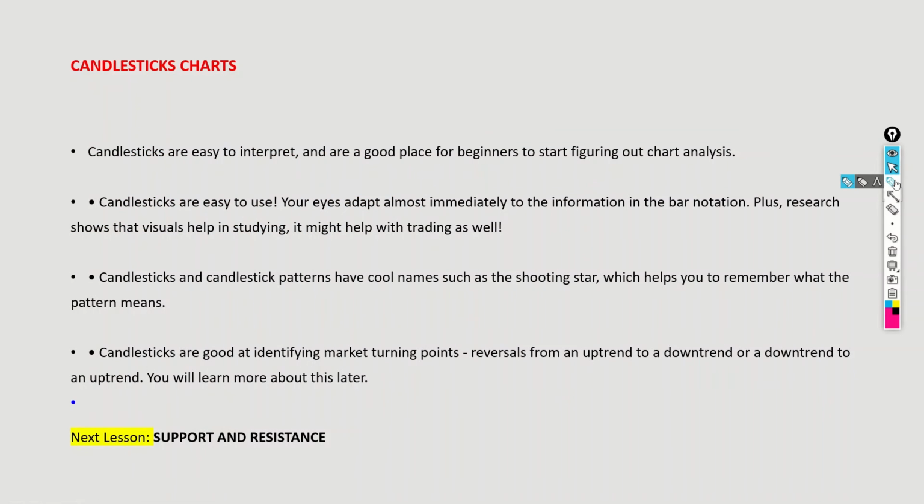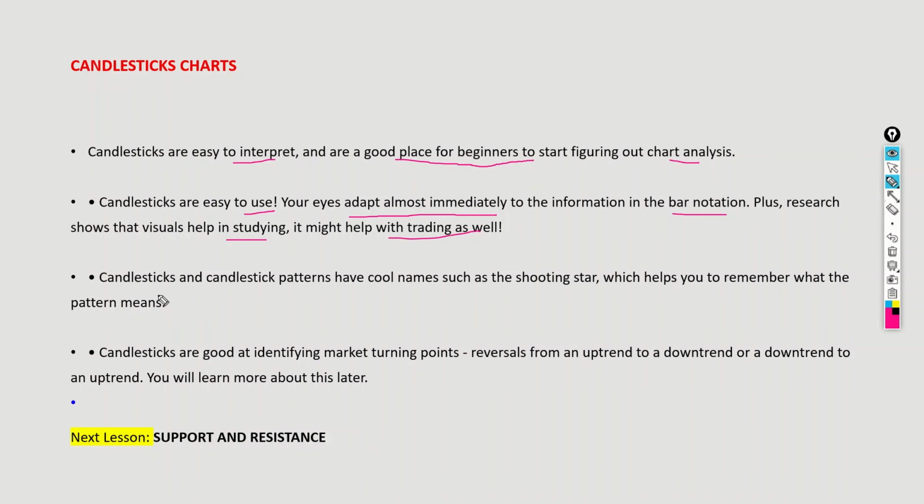number one, candlestick charts are easy to interpret and are a good place for beginners to start figuring out chart analysis. Candlesticks are easy to use. Your eyes adapt almost immediately to the information in the bar notation. Plus, research shows that visual help in studying might help with trading as well.